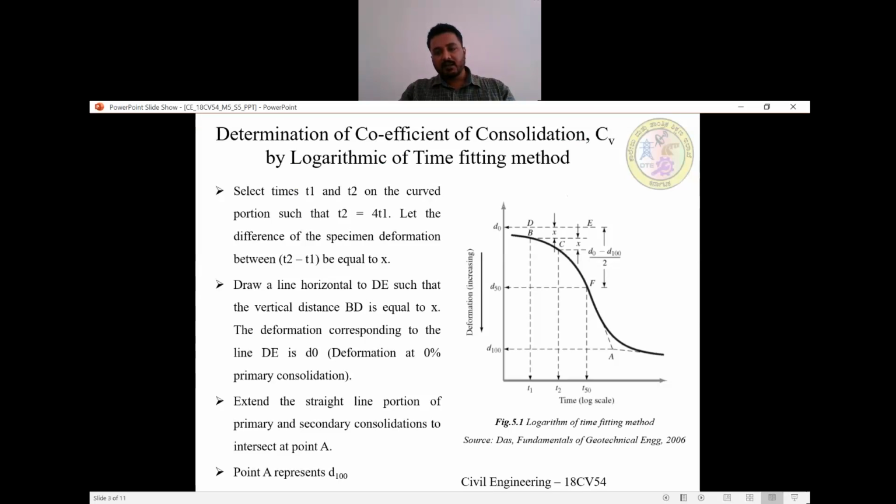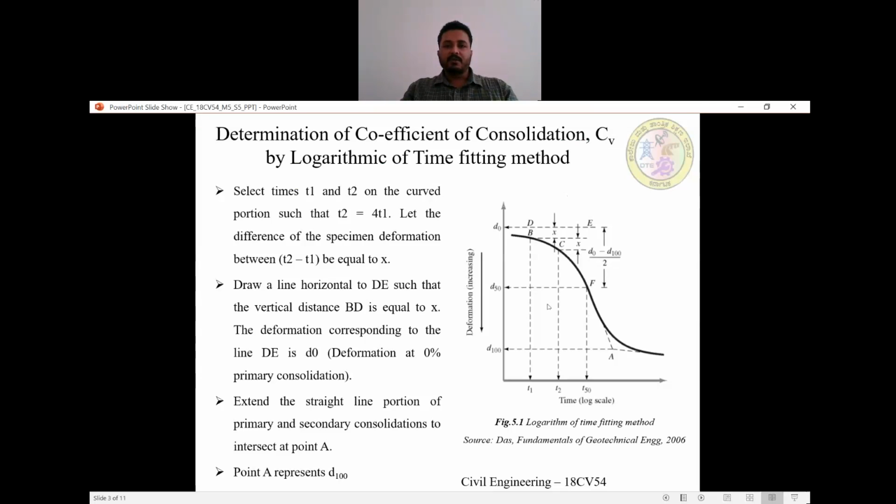And finally, the last portion of the curve follows a linear trajectory. So, this plot is a graph of time in the log scale versus deformation, the y-axis. It can also be called as the dial gauge reading.